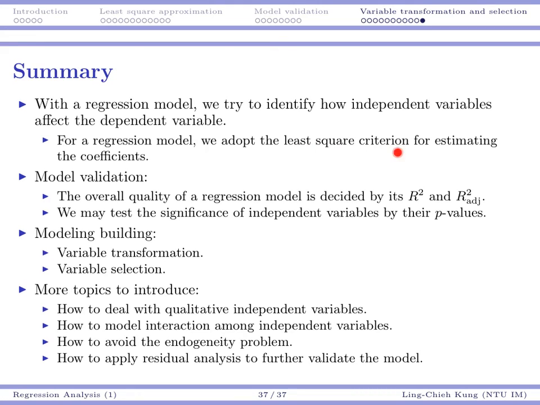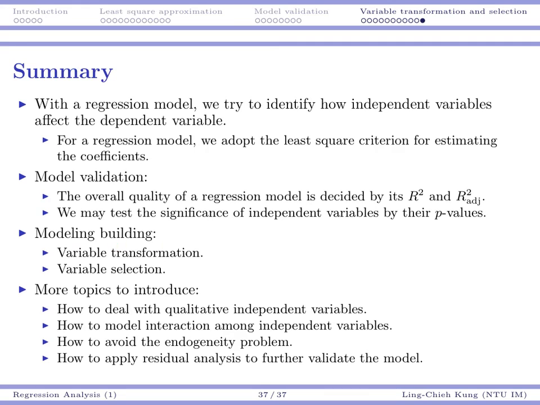It's least square approximation. We need to do model validation. The overall quality is measured by R-square and adjusted R-square. Please understand their meanings and know how to use them. We may test the significance of independent variables by their p-values. Small p-values mean significant.